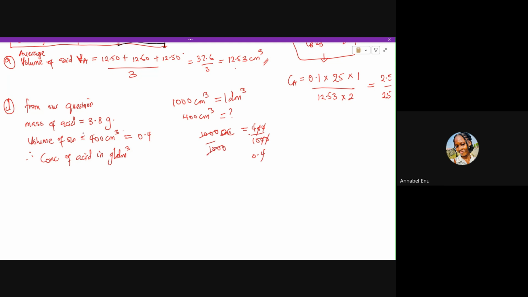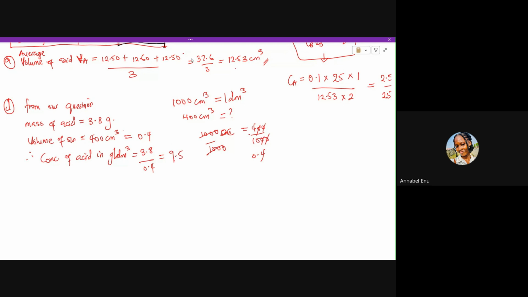Now, so it's 0.4. So our concentration will be mass, which is 3.8, divided by 0.4. And when we divide this, what do we have? 3.8 divided by 0.4. So we have this to be 9.5.